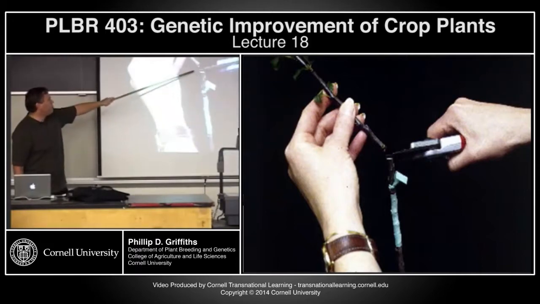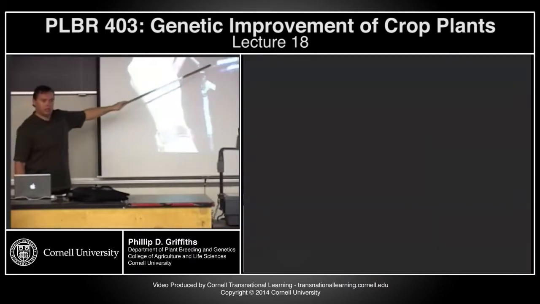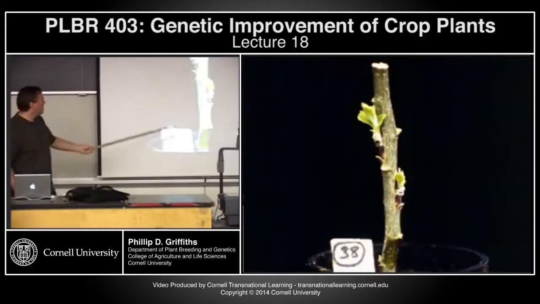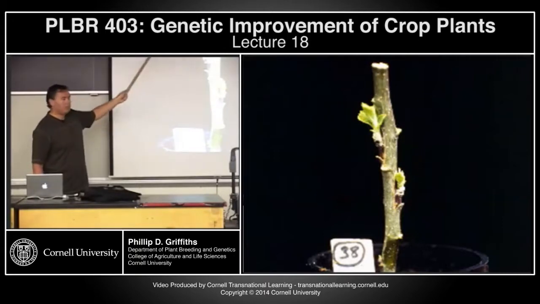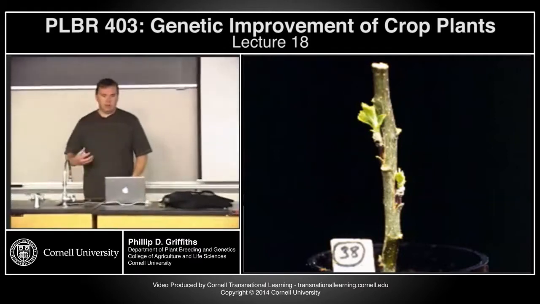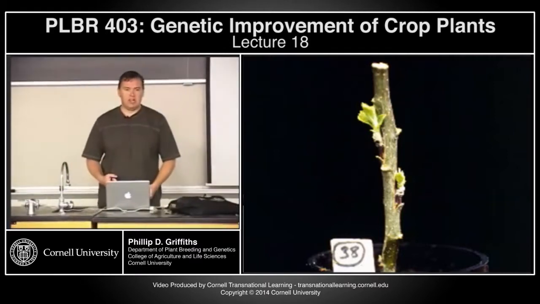We would remove the top part of the rootstock genotype, and then this way we can regenerate these apple trees from the budwood, which could be sent out to people requesting that particular variety.